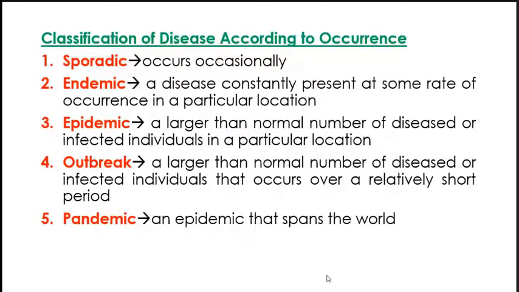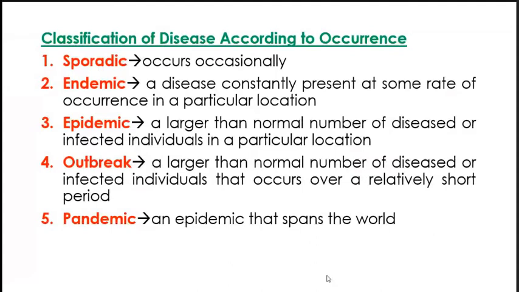Hindi siya tataas kasi wala na siya dati, nagkaroon bigla ulit. Re-emergence. Nag-zero na tayo, kunyari ang malaria sa Baggao is zero na. So in any event that there will be a case of malaria, sasabihin na naman ng ating Department of Health, may outbreak ng disease.